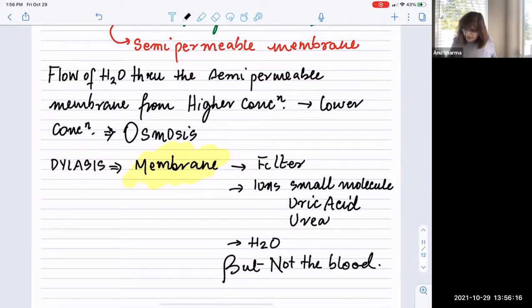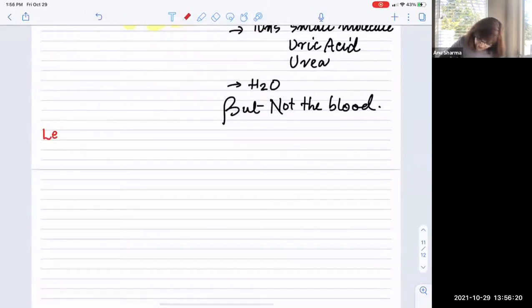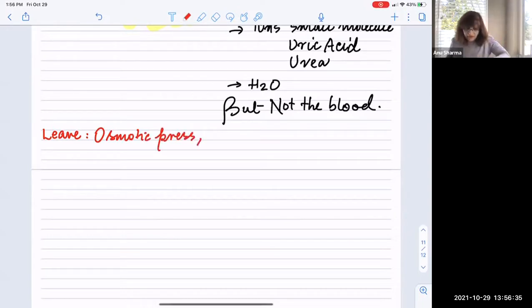So we are going to leave the osmotic pressure because we really don't have the time.